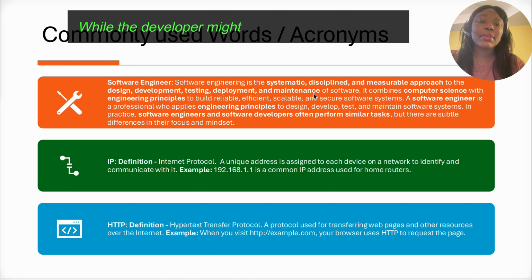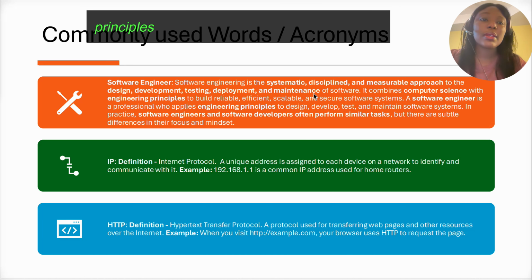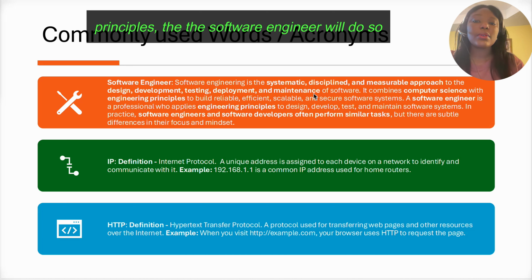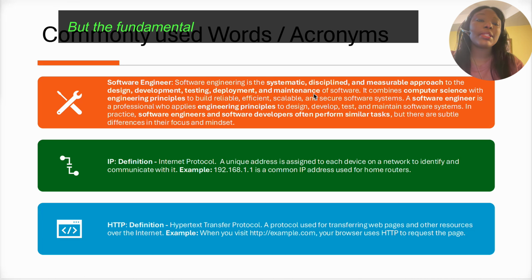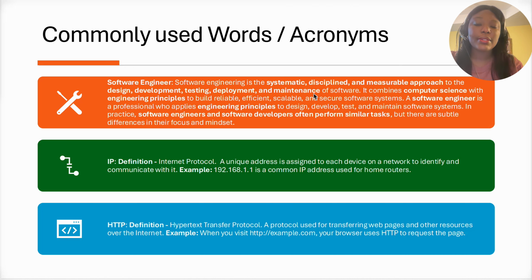While the developer might not combine engineering principles, the software engineer will do that. So sometimes we find them used interchangeably, but the fundamental difference is mostly in the mindset, the focus, and the approach to which they do things.